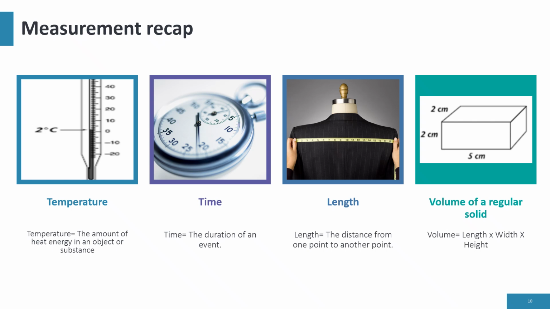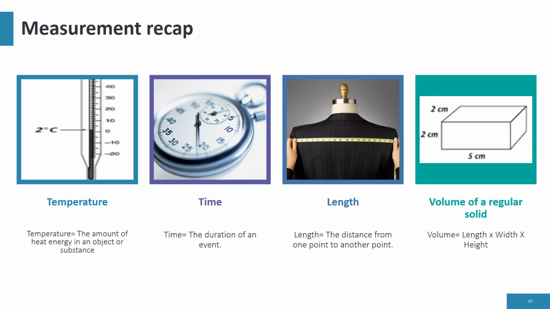Okay, so a quick recap on the measurements. We can measure temperature by using a thermometer, which is the amount of heat energy in an object or a substance. In order for us to measure time, which is the duration of an event, we can use a clock or a watch, or we call it a stopwatch in science, or we can use photo gates.